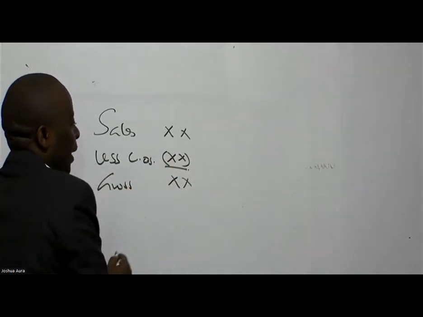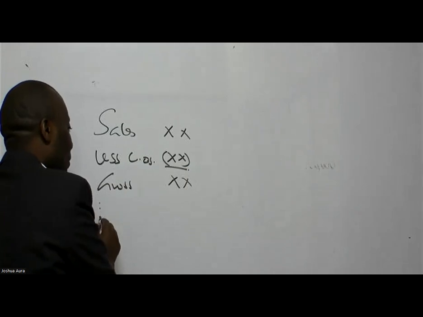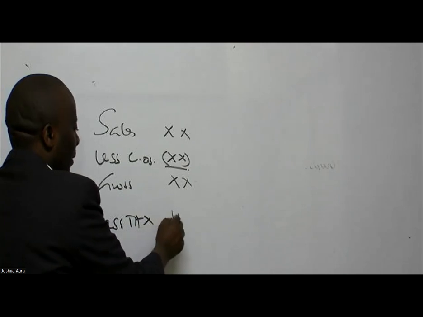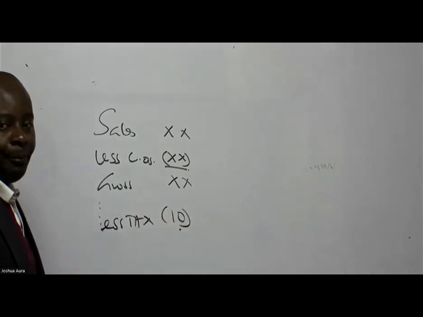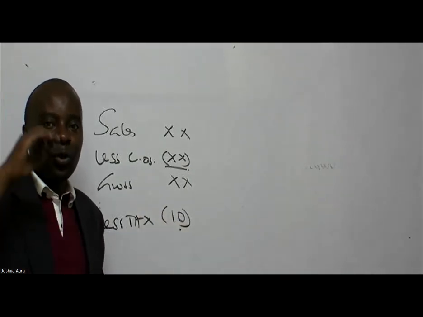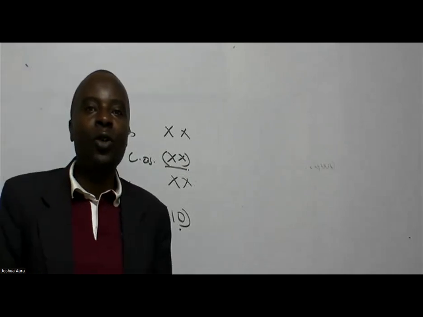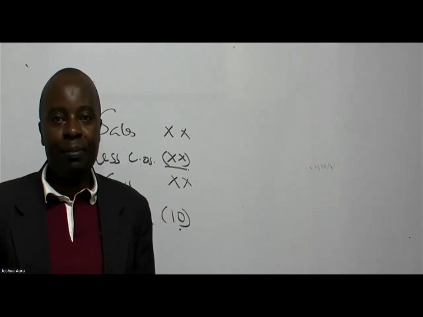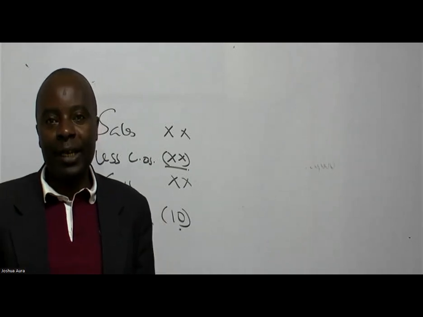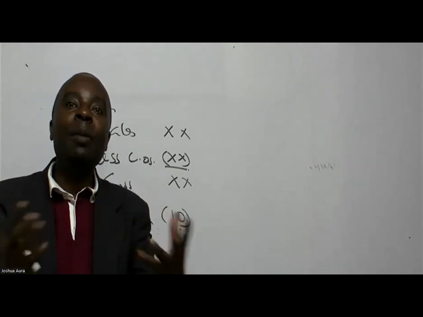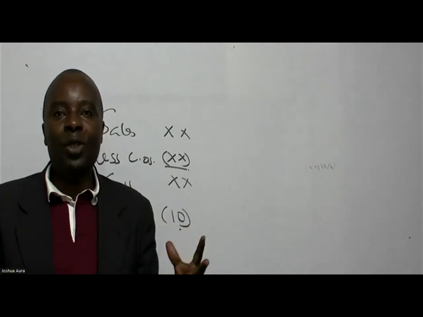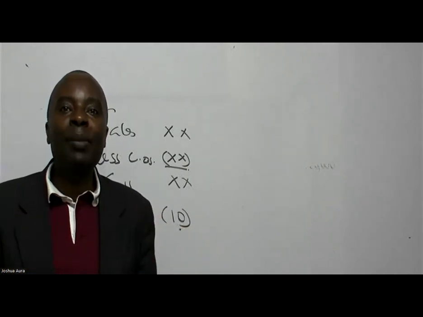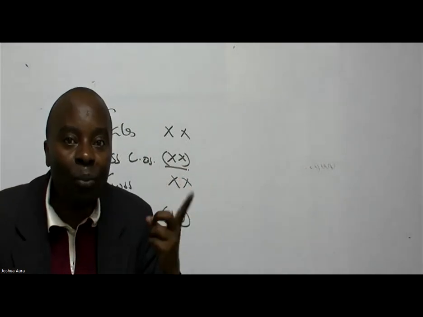So we come in this case here, blah, blah, blah, profit before tax, and then we say less tax. Tax, for example, we give them a figure of 10 million. So as an auditor, I'm supposed, ladies and gentlemen, to exercise professional skepticism, where I doubt every figure that I'm being given, for me to be able to dig for more information that will help me to form an appropriate opinion.